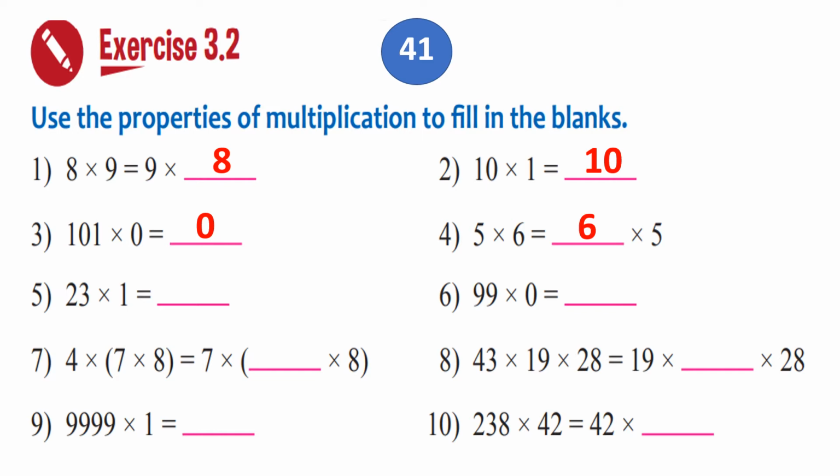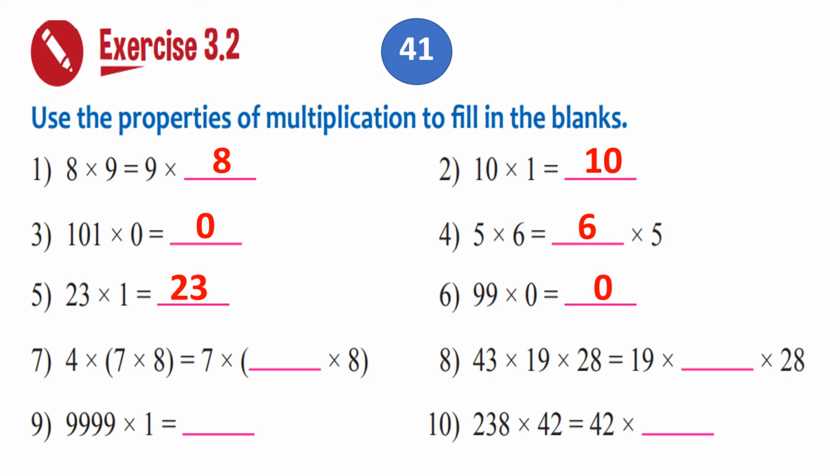Number 5. 23 times 1 equals 23. Number 6. 99 times 0 is 0. Number 7. 4 times 7 times 8 equals 7 times what number times 8?